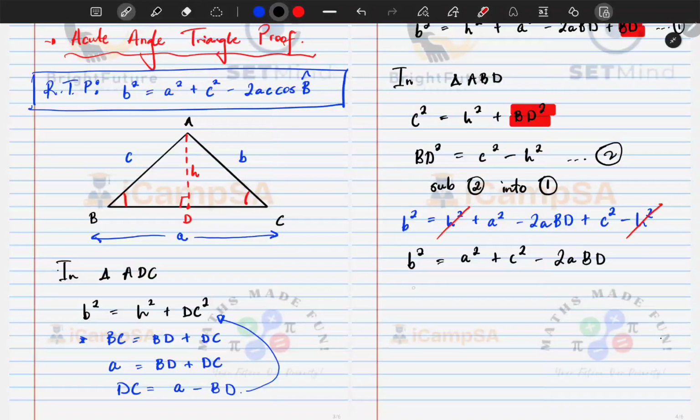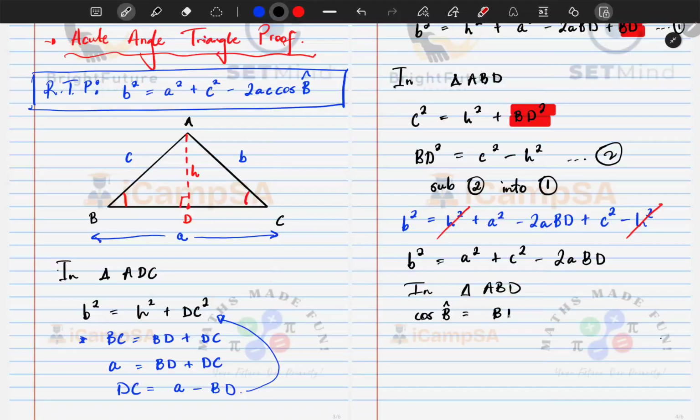So now what I'm going to say, in triangle ABD, I'm just going to apply my trigonometric ratio, right? So it's going to be cos of angle B is equals to, remember cos is adjacent over hypotenuse. So what is your adjacent side?